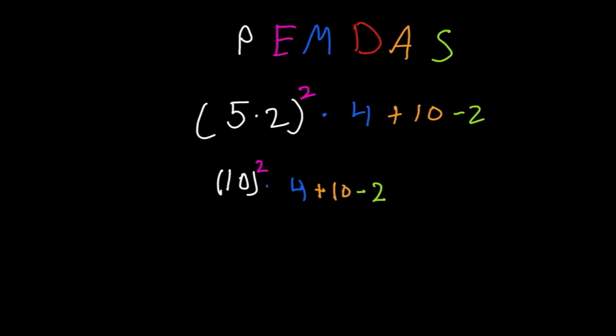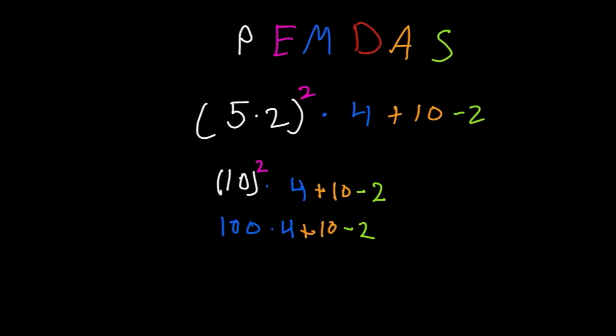And now I'm going to do the exponent. So this will then become 10 times 10, which is 100. And this is going to be 100 times 4 plus 10 minus 2. And now the next one is the multiplication.